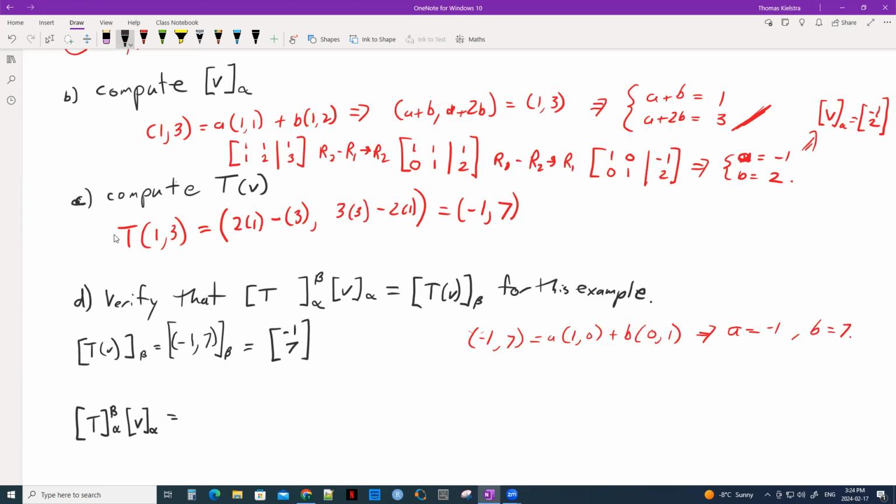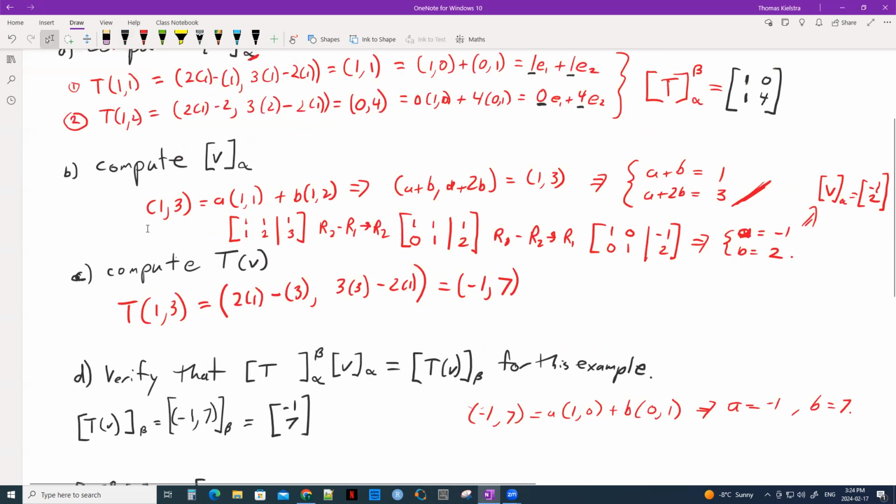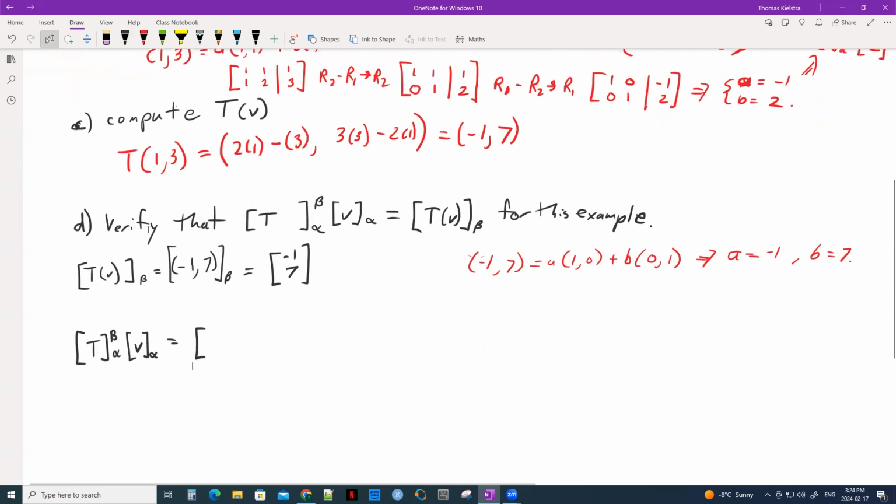Okay, and we want to show that the matrix multiplication also gives us (-1, 7). So let's take our matrix representation of T, which was (1, 0) and (1, 4) by columns, and multiply this by our coordinates vector (-1, 2).